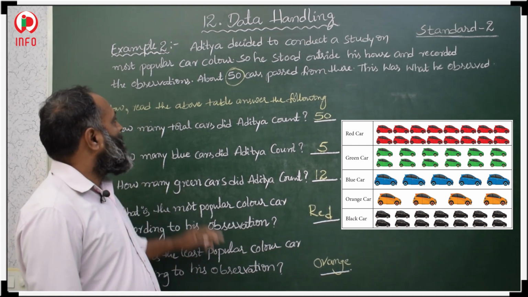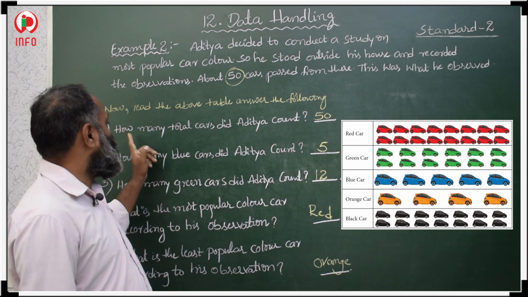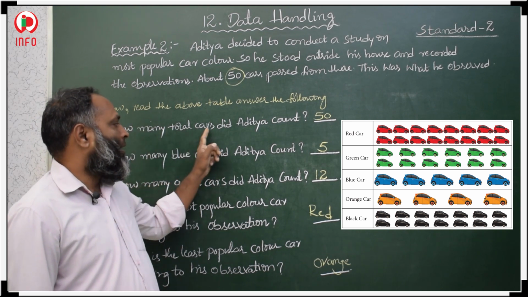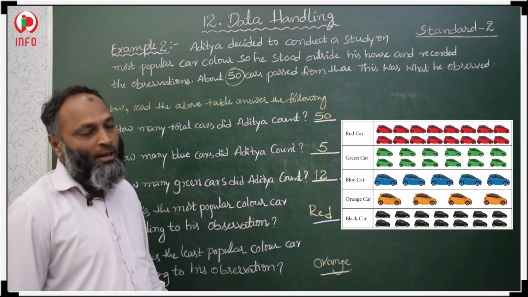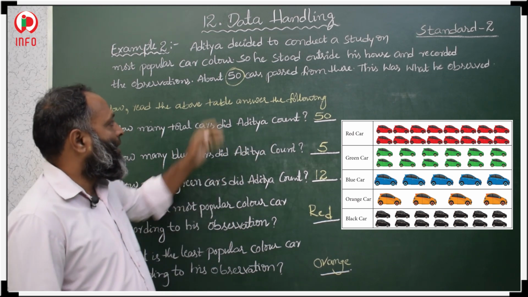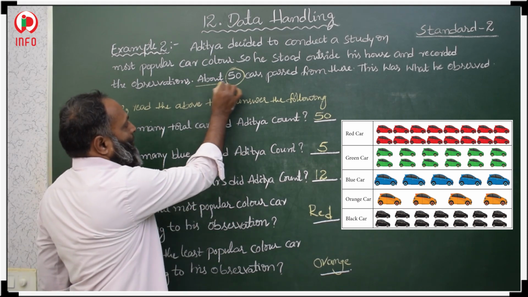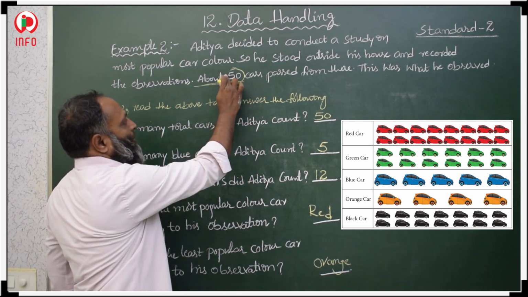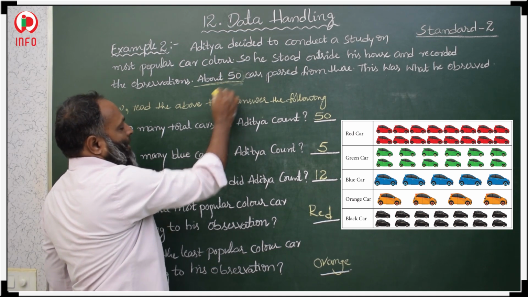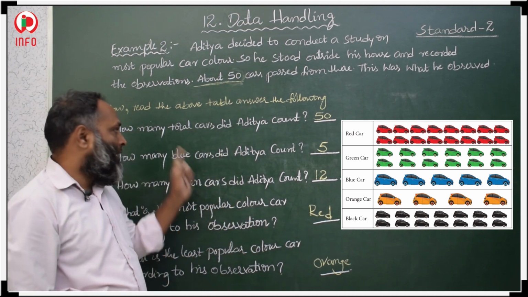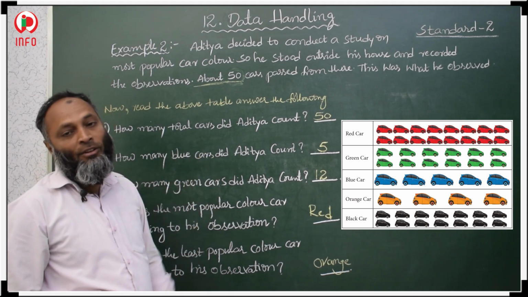Now students, see this first question: how many total cars did Aditya count? Here we took 50, but the data says about 50, which means approximately 50. So here we should give an accurate answer.